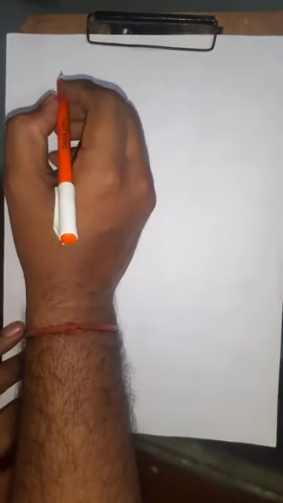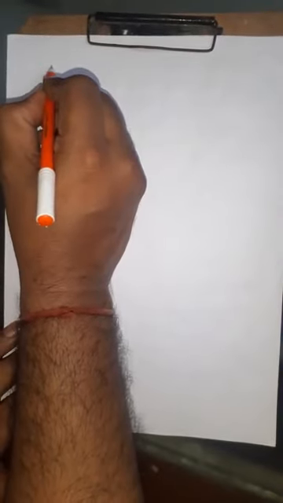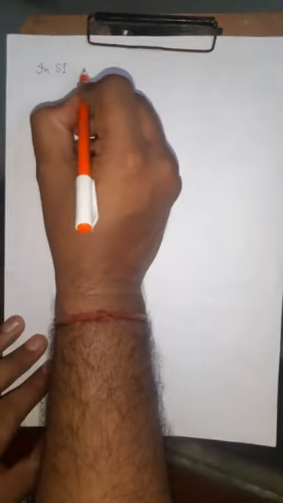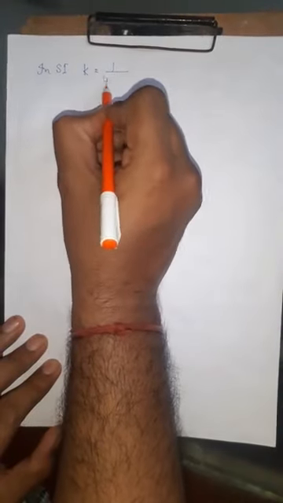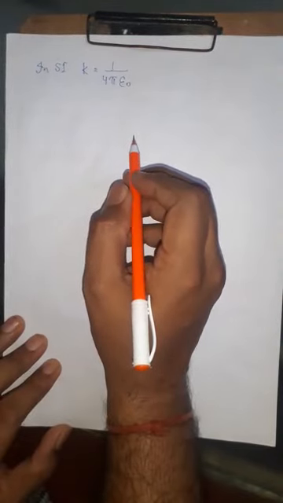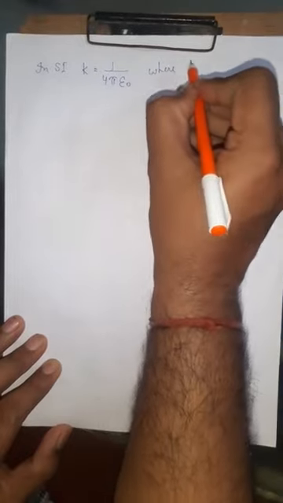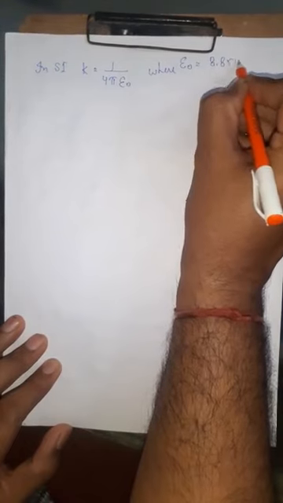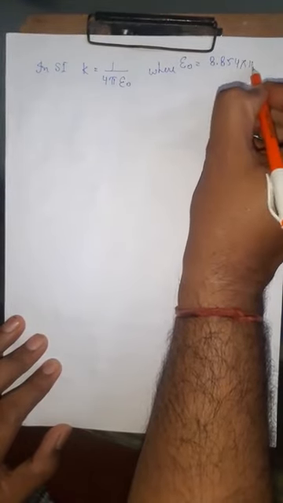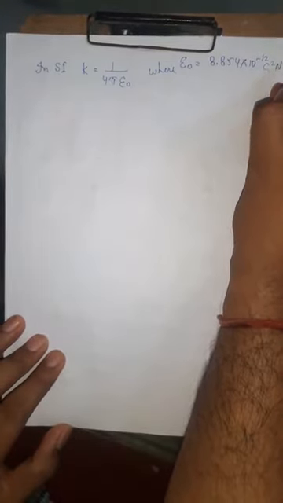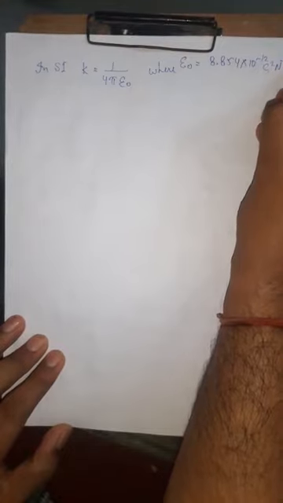The value of the electrostatic force constant in SI will be denoted by K. K is equal to 1 over 4 pi epsilon naught, where epsilon naught is equal to 8.854 into 10 raised to power minus 12 Coulomb square Newton inverse meter inverse square.